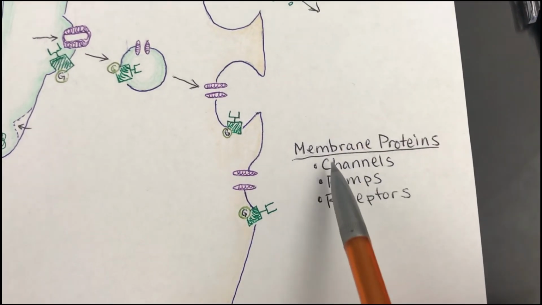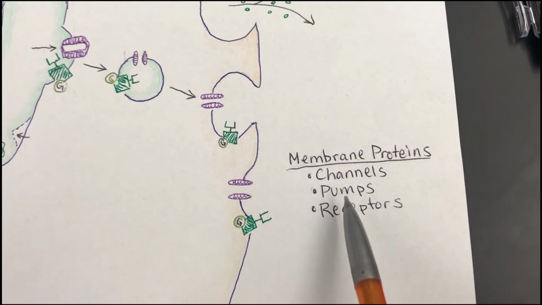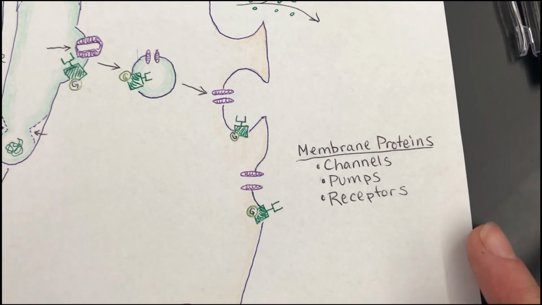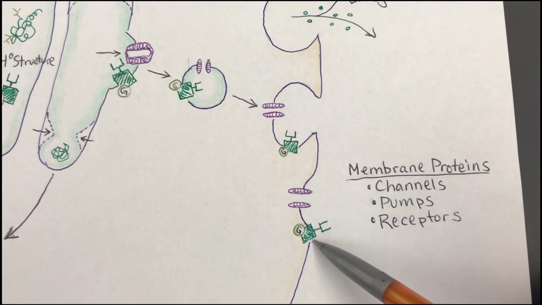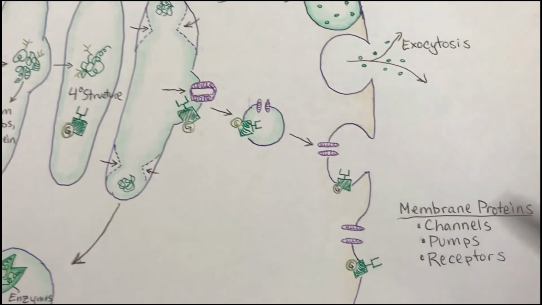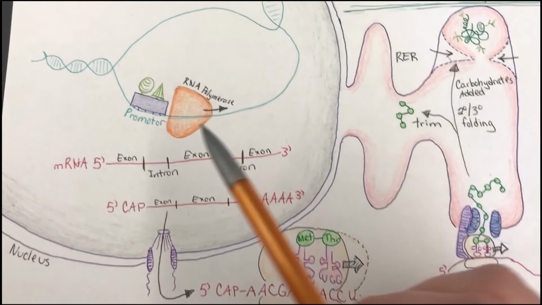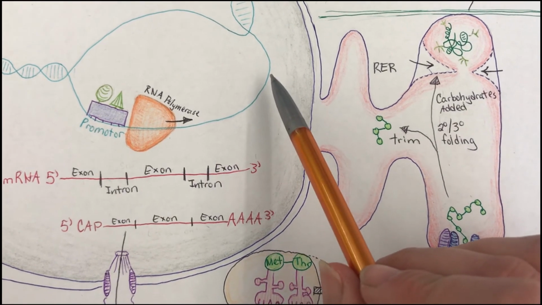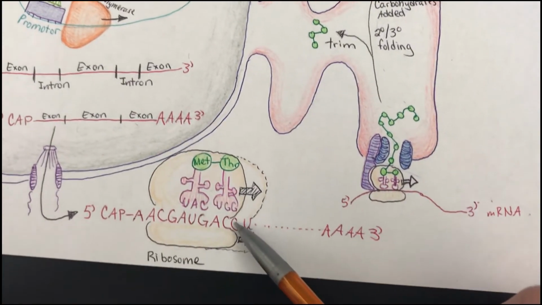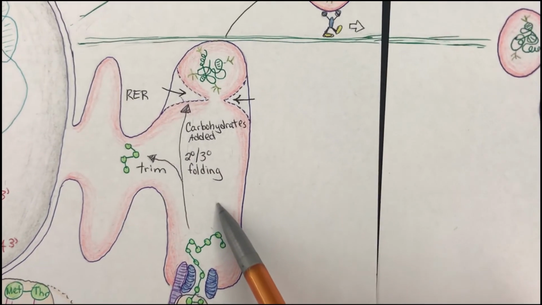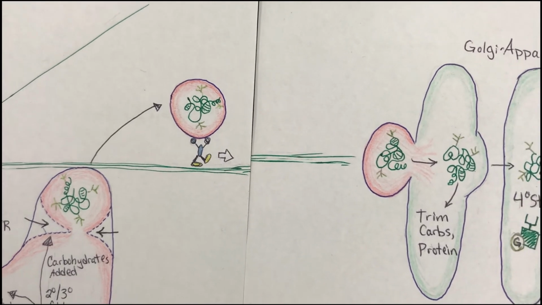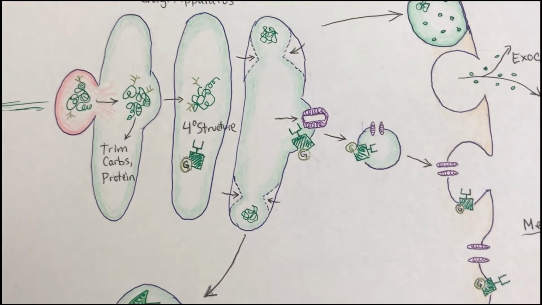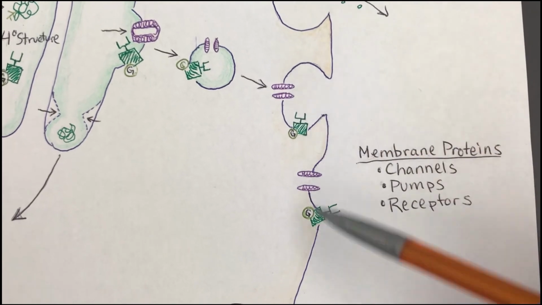And so this is essentially how different types of ion channels, for example, things like the sodium-potassium pump, different types of receptors such as the G protein coupled receptor that we are looking at here, all of these are ultimately inserted in the plasma membrane by, all the way back here, turning on a gene for the sodium-potassium pump, for example, transcribing the gene, processing the mRNA, translating the mRNA, processing it in the RER, transporting that vesicle and the protein across the cell, finalizing this protein, joining it together with others, and ultimately inserting it into the plasma membrane.